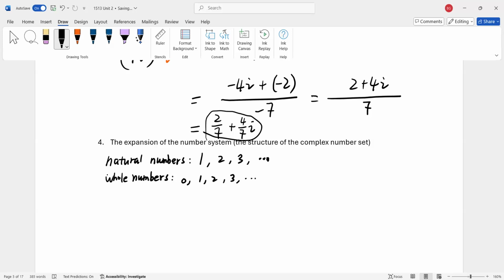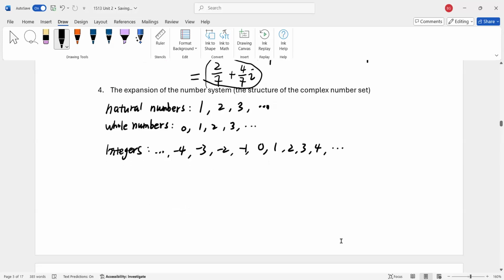So the number system was expanded to the integer number set. Integers include 0, positive 1, negative 1, positive 2, negative 2, positive 3, negative 3, positive 4, negative 4. In other words, all the whole numbers and their opposites.